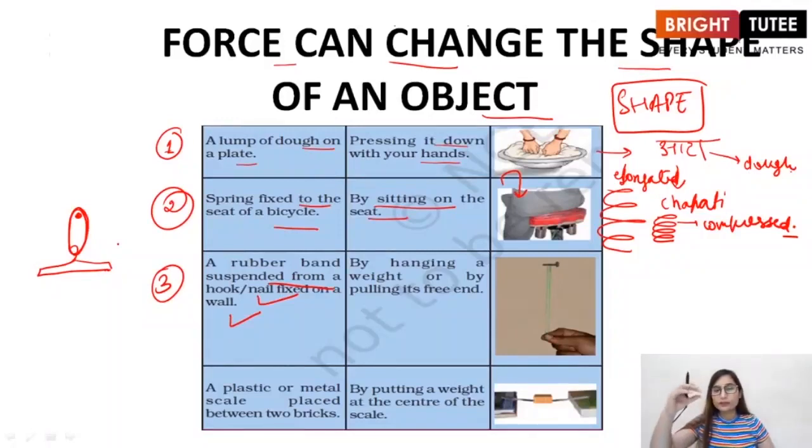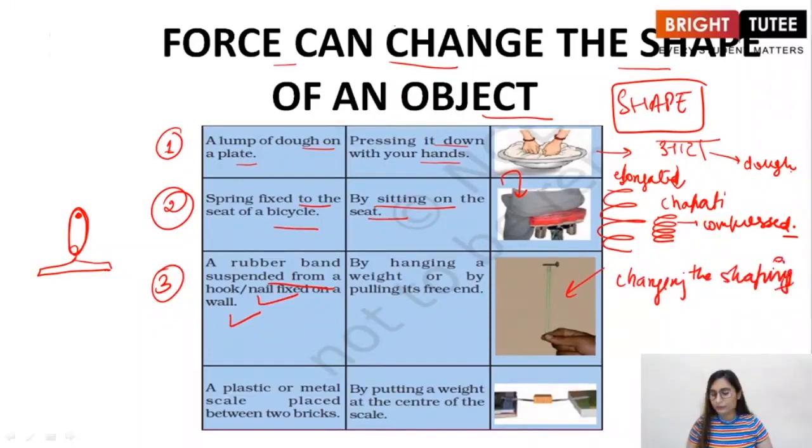Now the rubber band will expand, right? It will change its shape. So when you applied some force on the bottom of the rubber band hanging on a nail, it expanded, right? It stretched due to the force applied. So here also, the force of the object hanging from the rubber band is changing the shape of the rubber band, right? It is expanding the rubber band. So yes, the shape of the rubber band is changing.